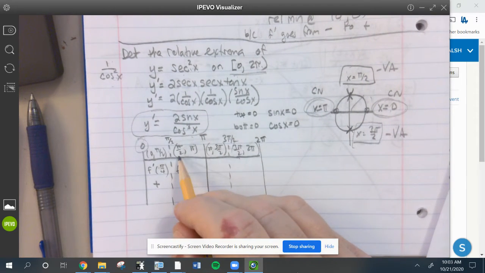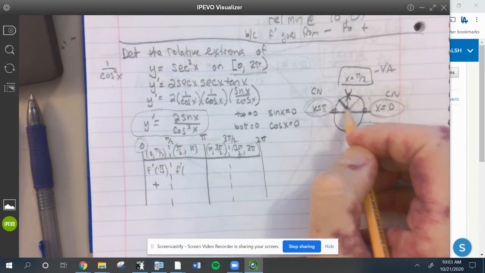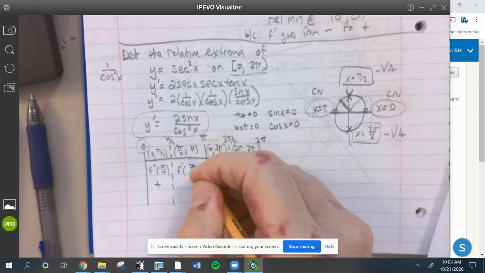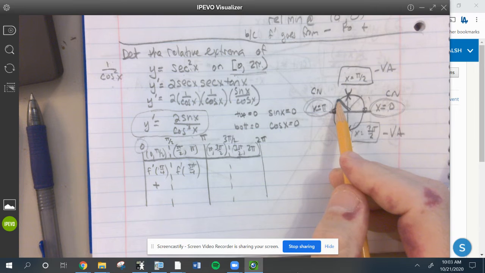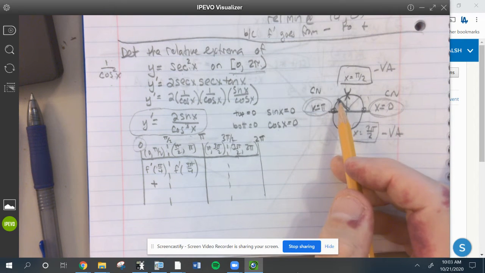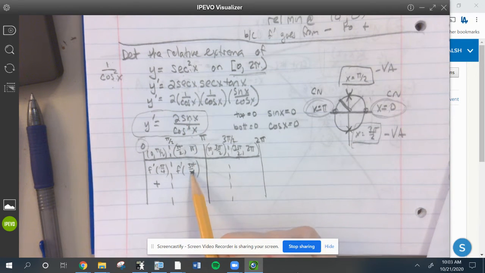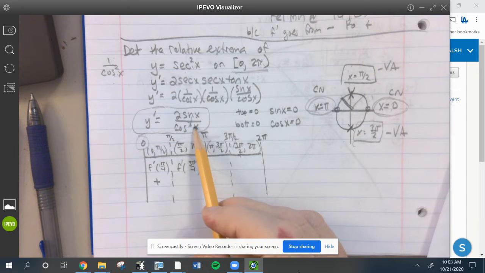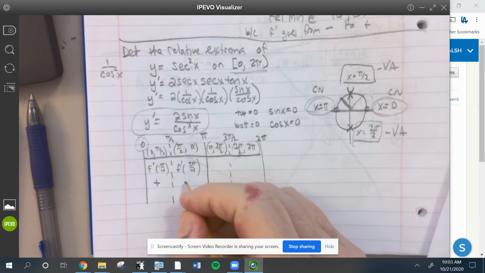Next, from pi over 2 to pi, I'm going to use 3 pi over 4. Now we're in quadrant 2, so cosine x is negative, sine y is positive. If it's cubed, that's okay, because if you cube a negative, it's still negative. So we have a positive over a negative, which is negative.